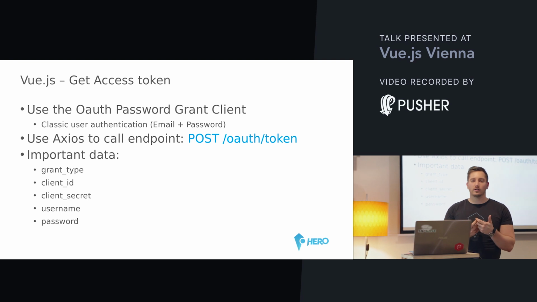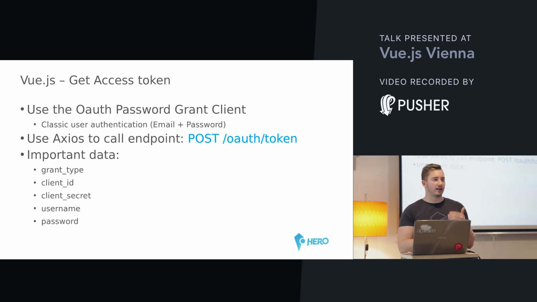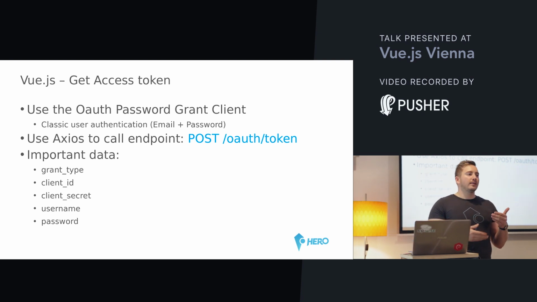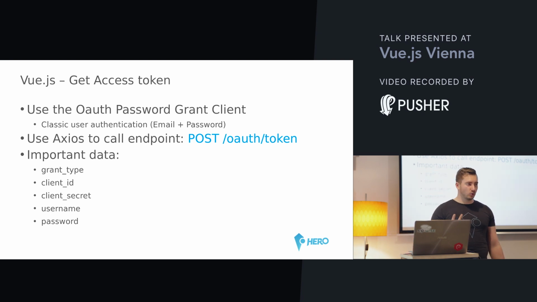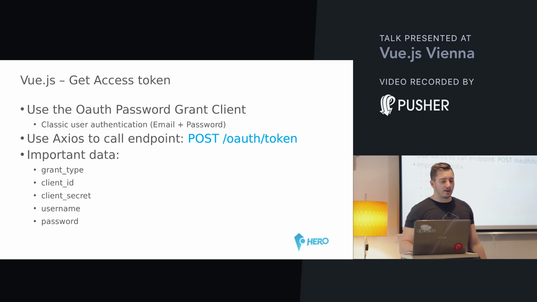And if you call the command passport install, which we did, then Passport seeds these tables. And it seeds the clients. So after this command, you have two clients in your database. And one of these clients is the password grant client. And normally it has the ID 2. So we're sending grant type password and client ID 2.